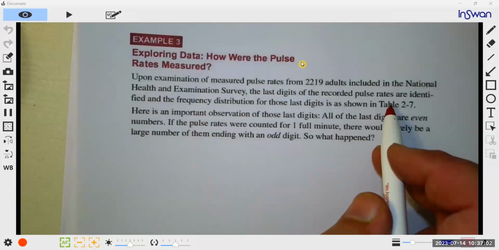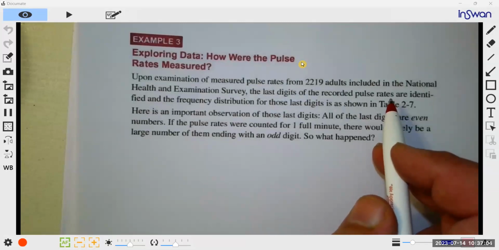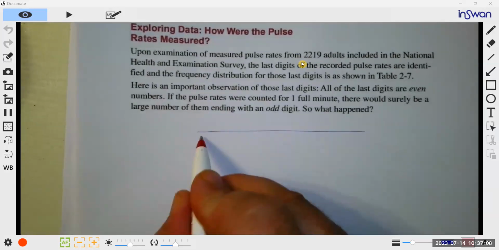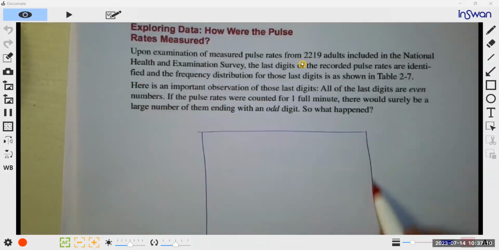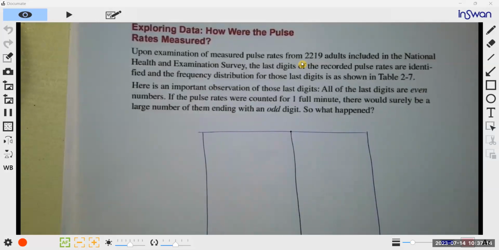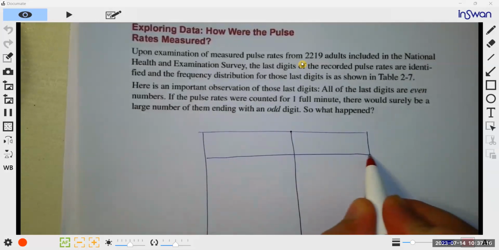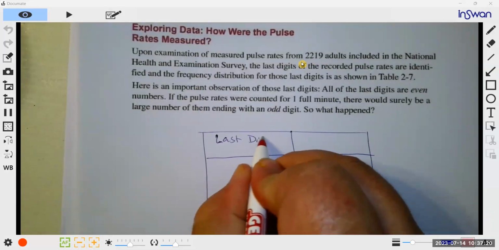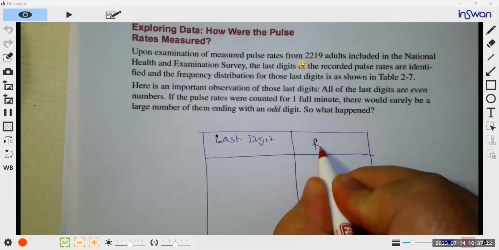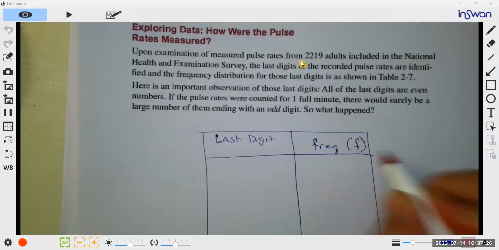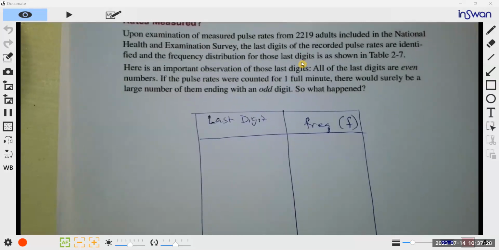Here it is: last digit, and here's the frequency. Instead of writing the frequency, you could just put the letter F, since that's going to be frequency for us from here on out.